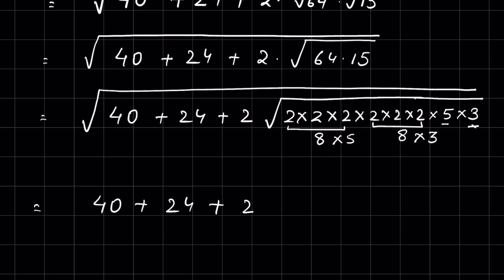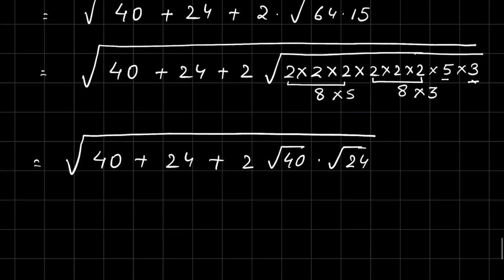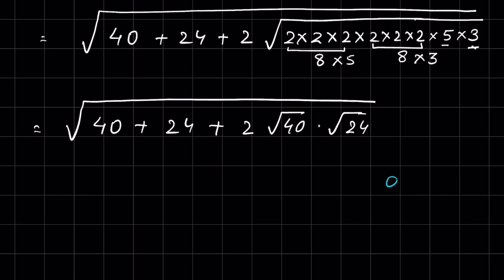So 40 plus 24 plus 2 under square root of 40 times 24, or we can also write it as square root of 40 times square root of 24, under square root. Now if a is under square root, we can square it to remove the square root, so this will be equal to a.